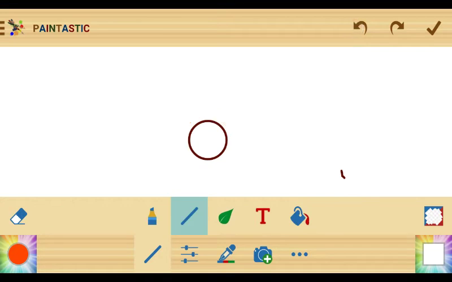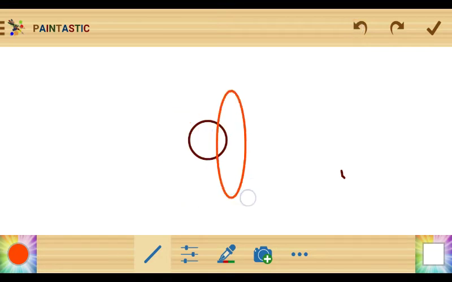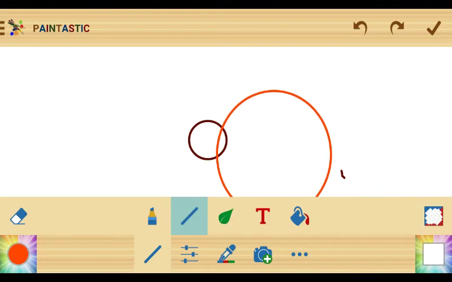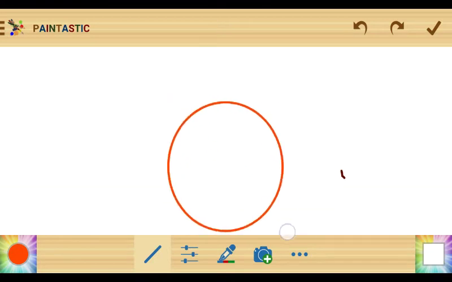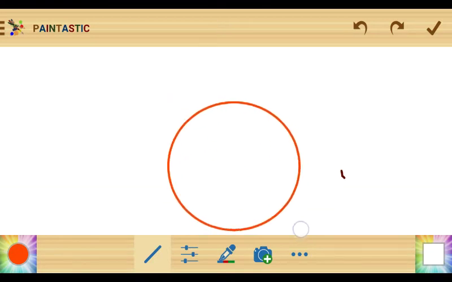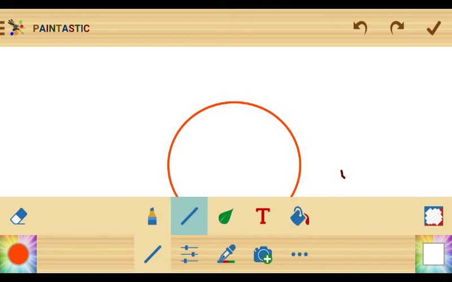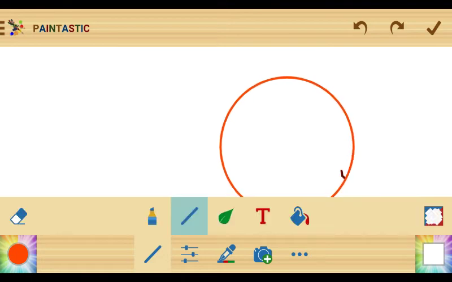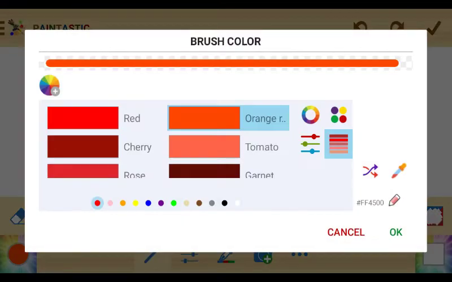Sorry, I have to choose a bigger one. My mistake. I'll choose the bigger sphere first, it's much easier. And from this side I'll choose a darker one.